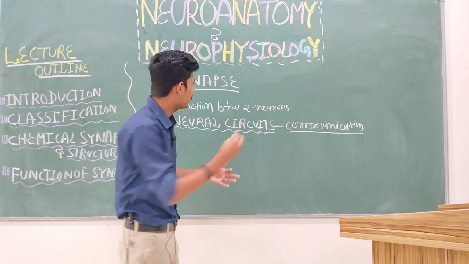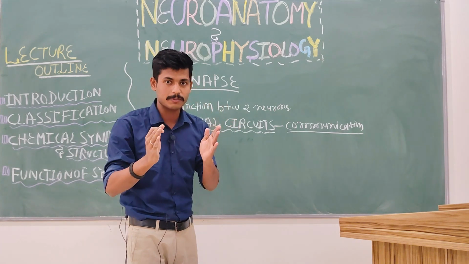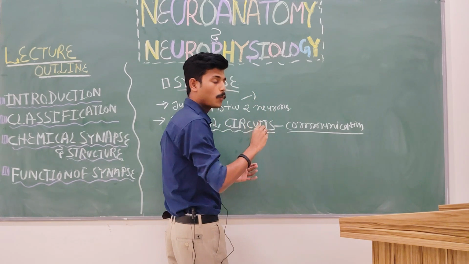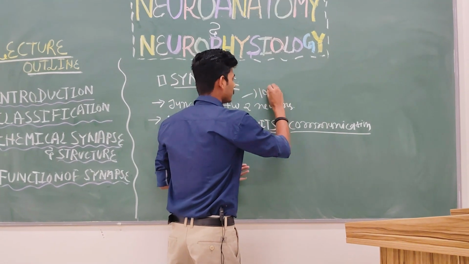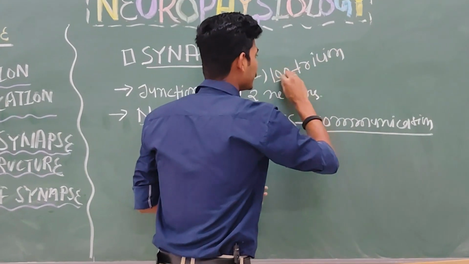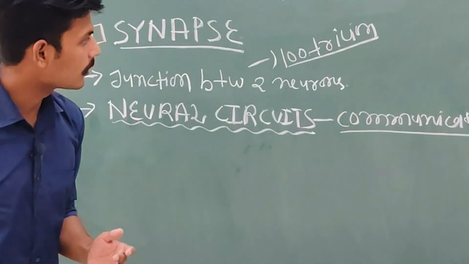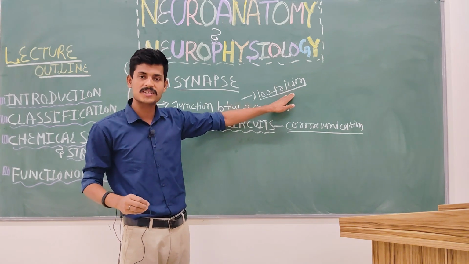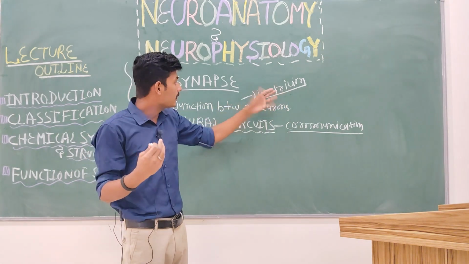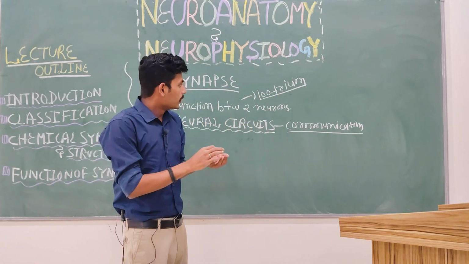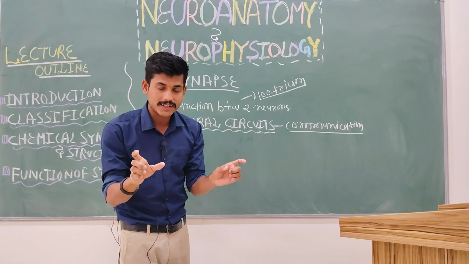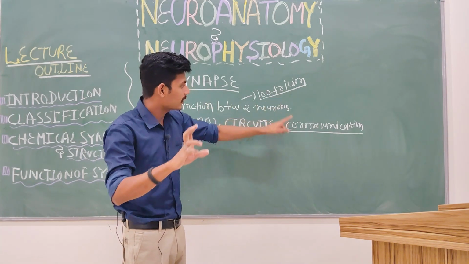There's no exact estimation, but the most widely accepted number is 100 trillion neurons present in our central nervous system. That many neurons communicate by making neuronal circuits.